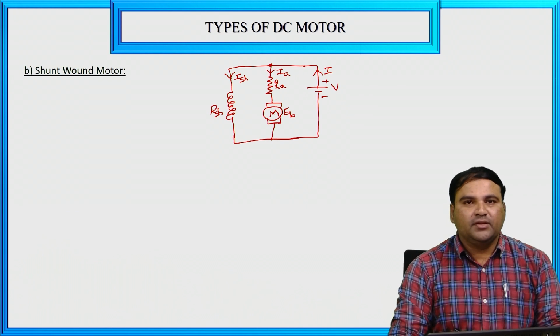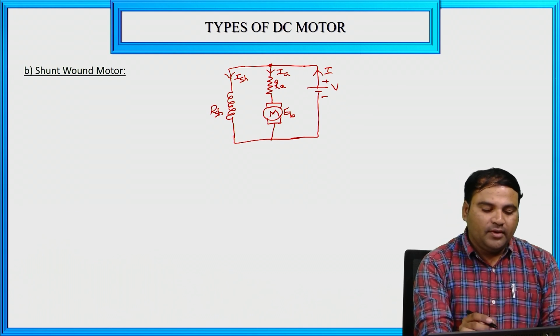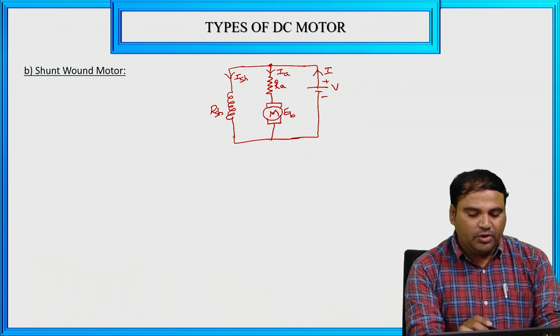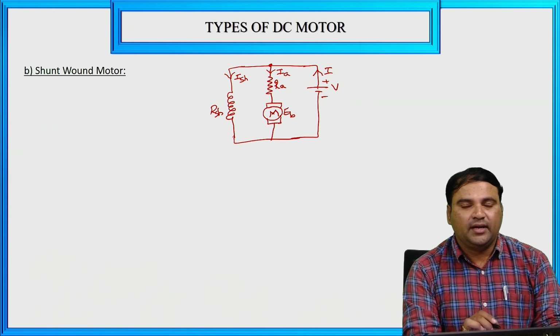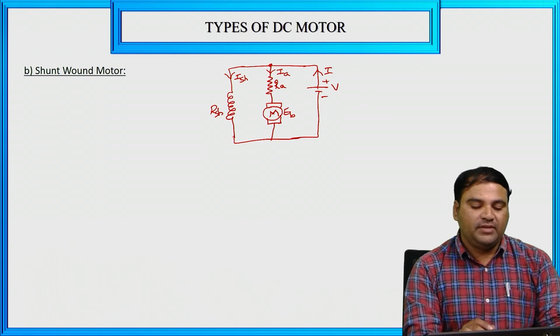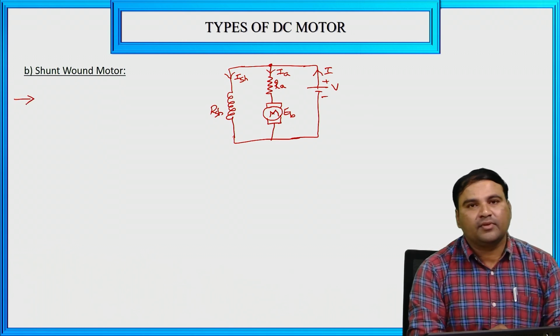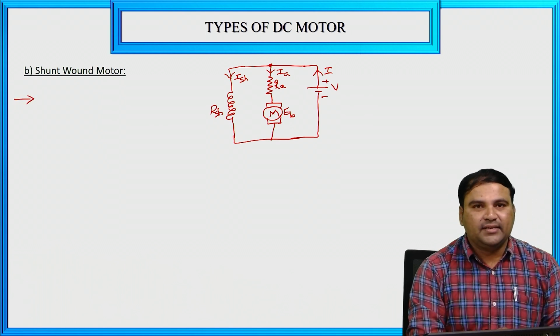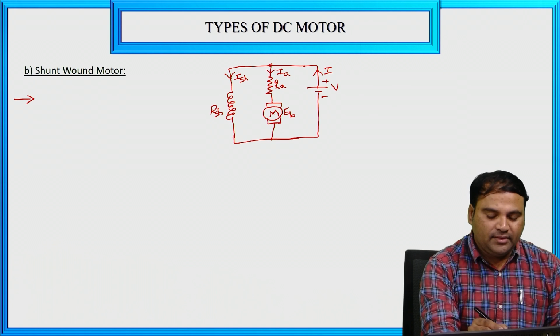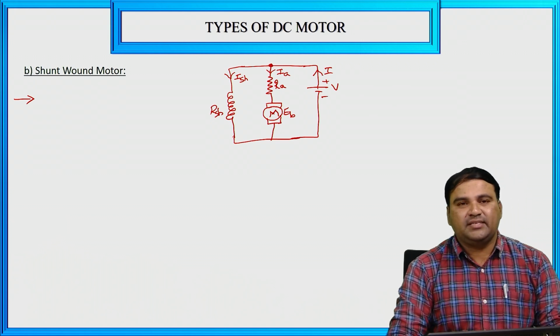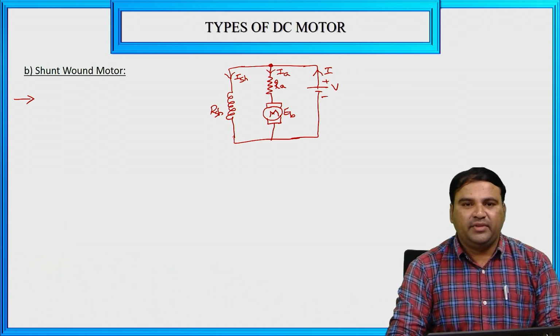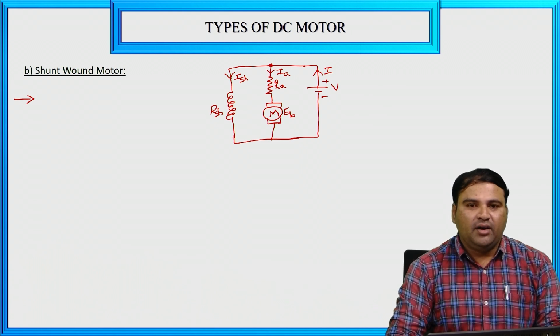Now for this shunt wound DC motor, we need to write the current, voltage and power relations. First of all, the current relations. For that, at this node point, apply KCL. KCL states that the algebraic sum of the incoming currents is equal to the algebraic sum of the outgoing currents.